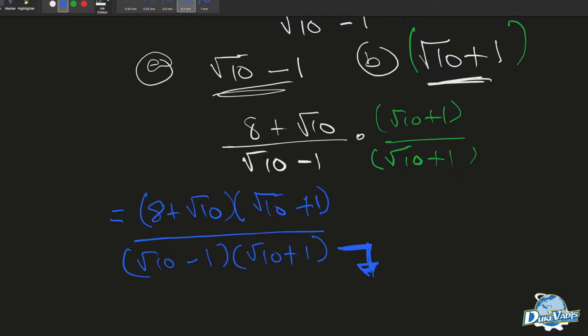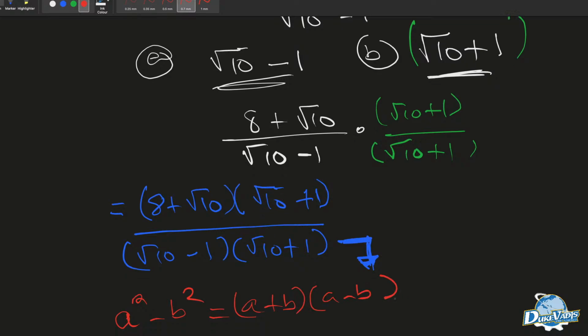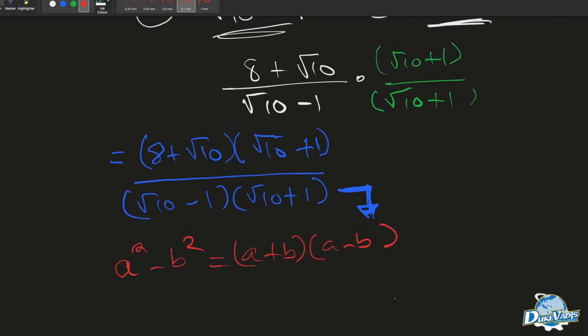What do we do? Our rule that we know is the difference of two squares. You know when we have a squared minus b squared, it's always given as a plus b and a minus b. That's what we are going to apply to evaluate that denominator.